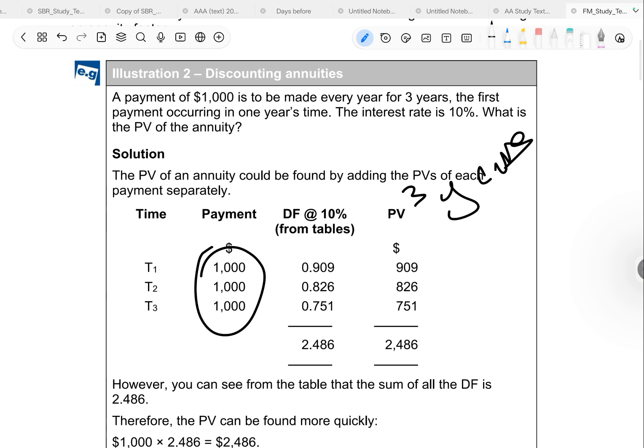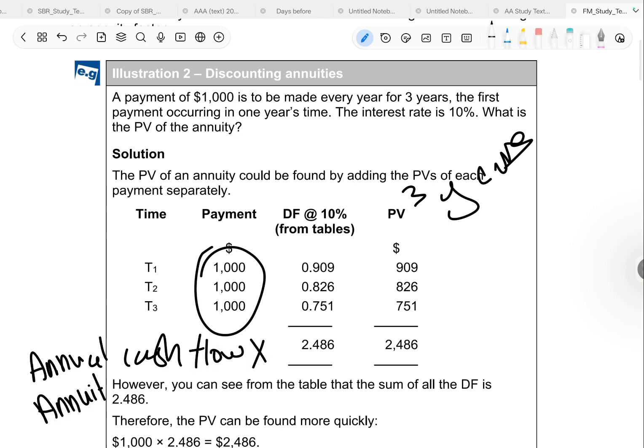The present value is simply the annual cash flow multiplied by the annuity factor. And the annuity factor itself is calculated using a formula based on the discount rate and number of years. This makes the calculation much faster.